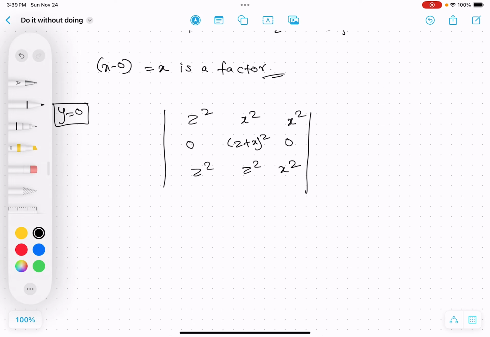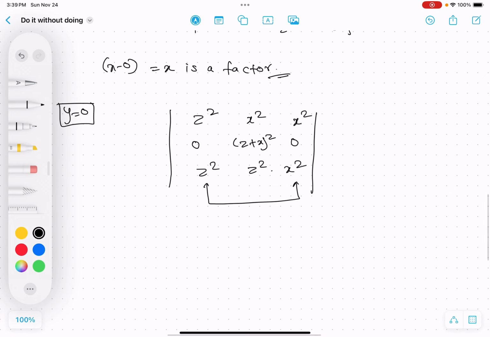Now you can notice that again these two columns are identical because these two just differ by a constant multiple, right? If I just make this operation, that let's say row 3 is row 3 minus x square by z square of row 1. If I do, no, not row 1, it's column.